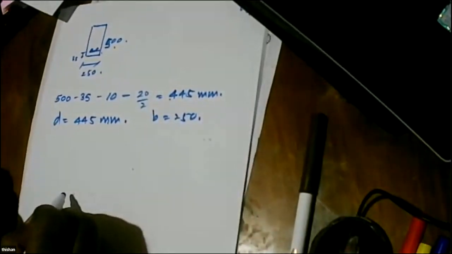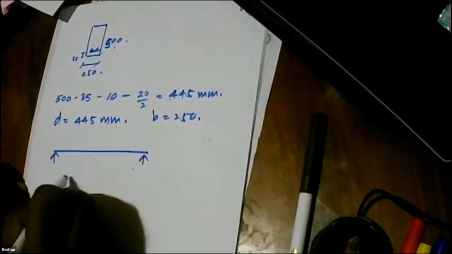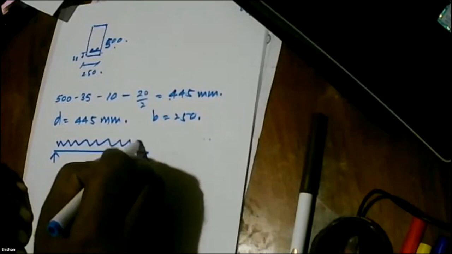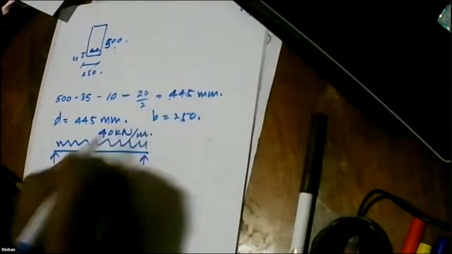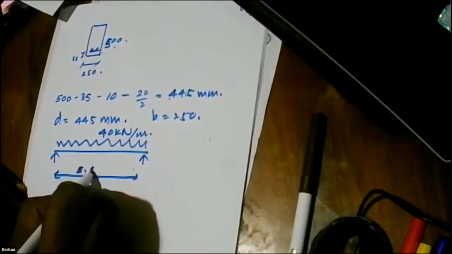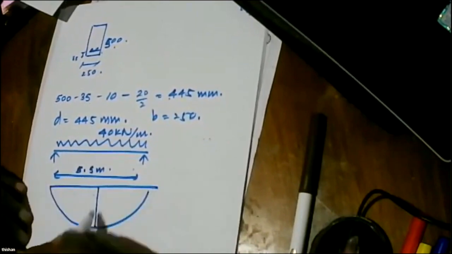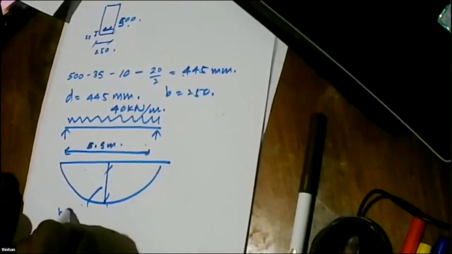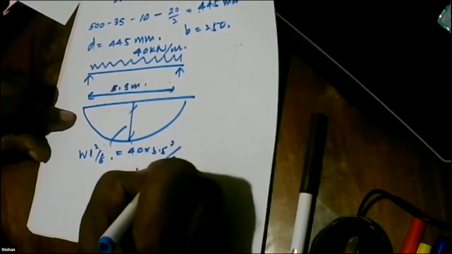And moment. So a simply supported beam having a load of 40 kilonewtons per meter, having a span of 5.5 meters, and this is the bending moment diagram. W is called weight, and we get M equal to w L squared divided by 8, that is 40 times 5.5 squared divided by 8.